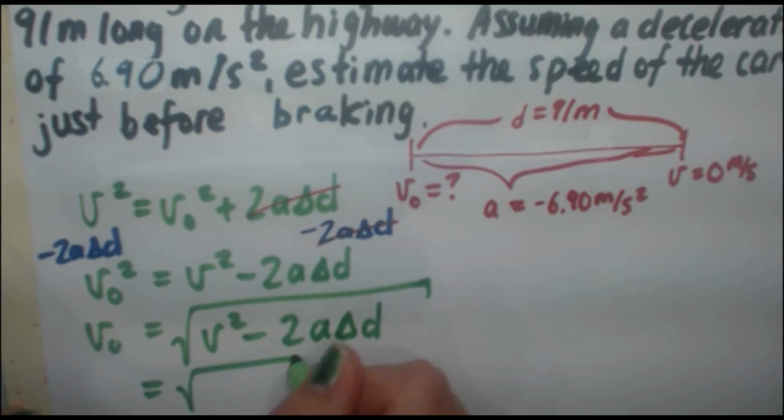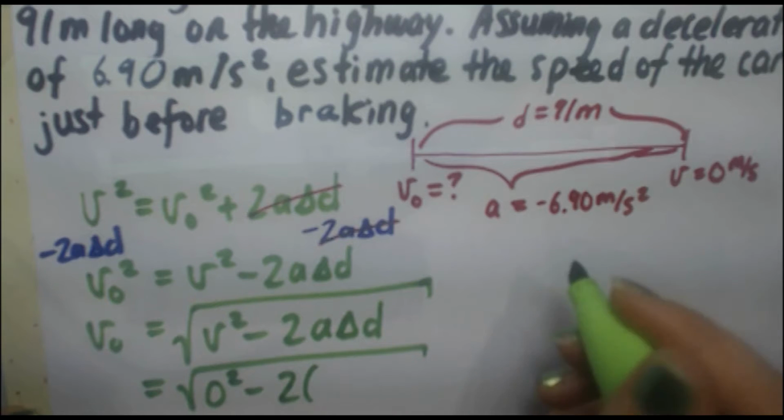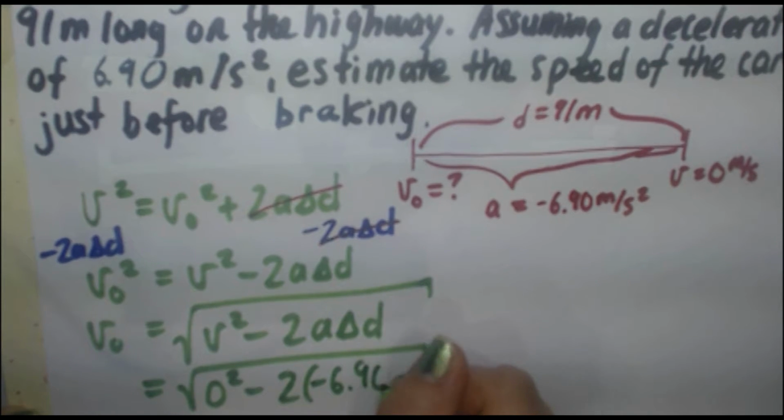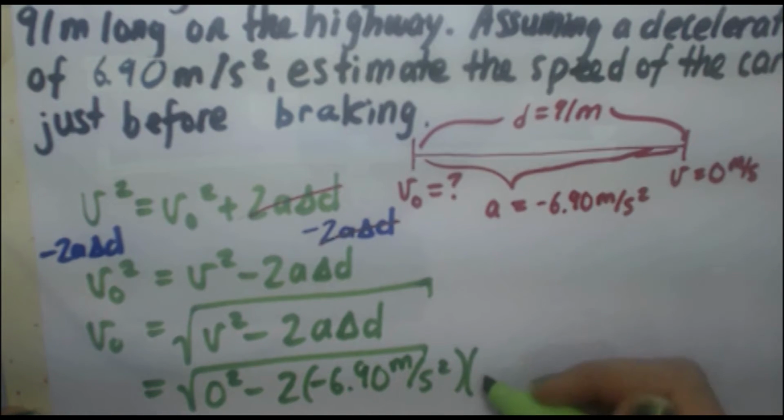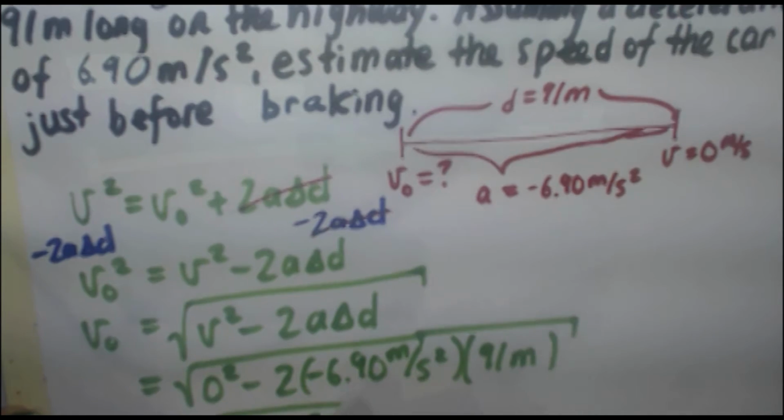So V is 0. So 0 squared minus 2, the acceleration is negative 6.90 meters per second squared, and our distance that it has to brake through is 91 meters. When you simplify this, you're going to get the square root of 1,255.8 meters squared per second squared.